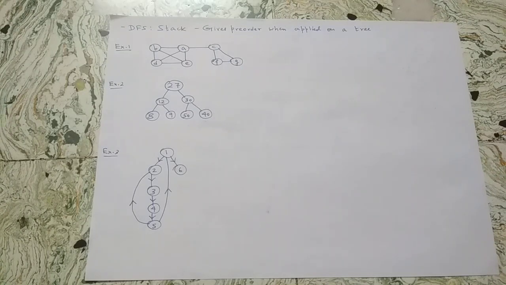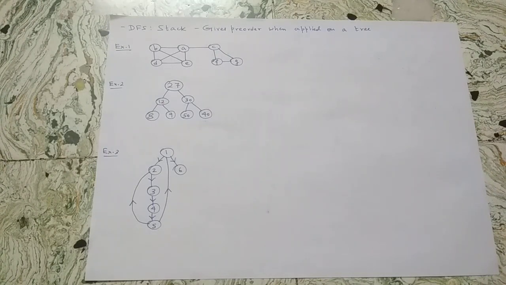A graph which contains no cycles is called a tree. So if we apply DFS on a tree data structure, one of the traversals will yield the pre-order traversal. One of the DFS traversals on a tree, which is also a graph, will give us the pre-order traversal.